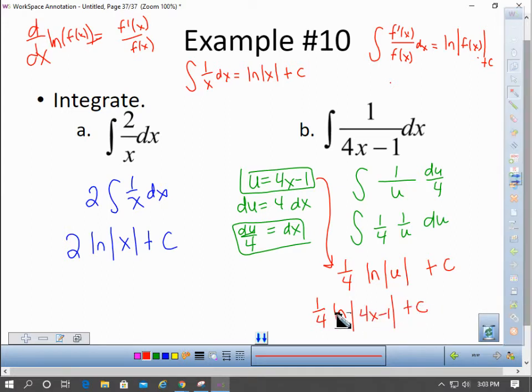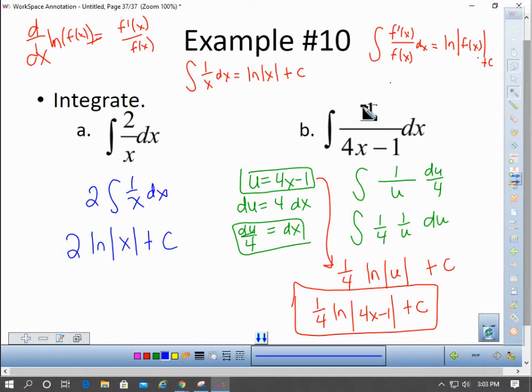Now, here's what I want you to notice. When I was looking at this problem up here, the function on the bottom is 4x minus 1. If the derivative, which is 4, was up here, we'd be in business, because we'd have the derivative over the function.